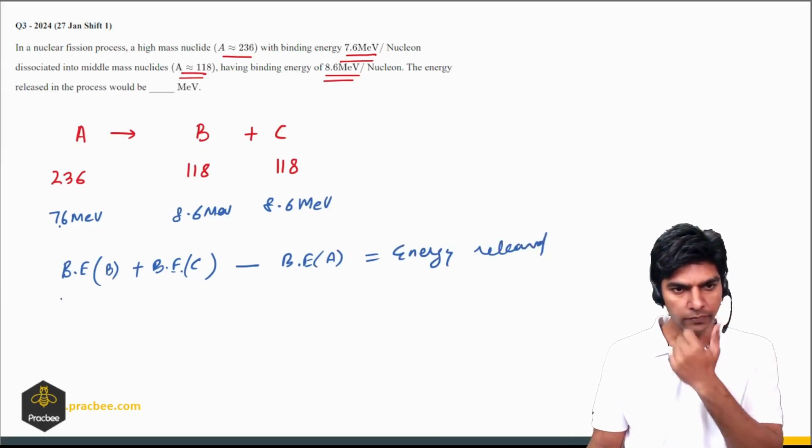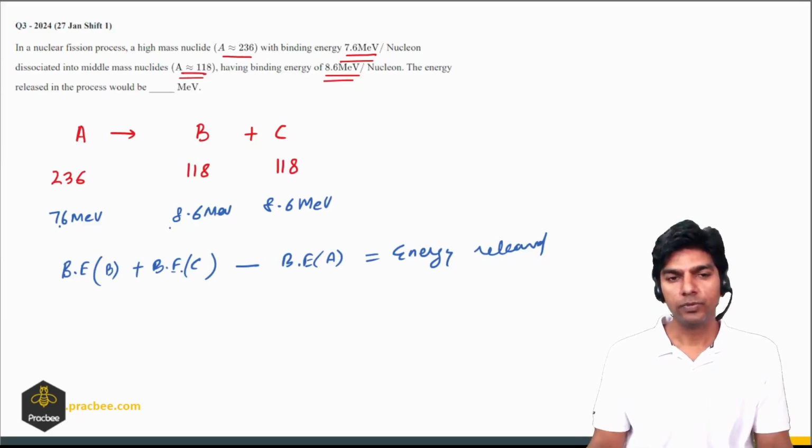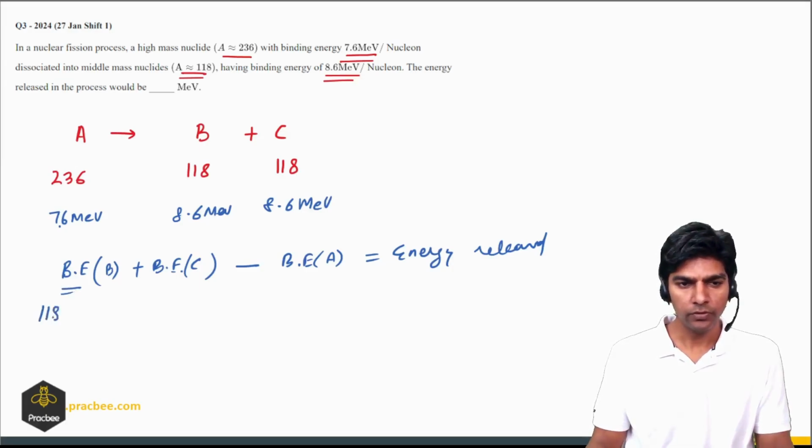Okay, so let us put the values. So we have given binding energy per nucleon. So binding energy for B will be number of nucleons, that is the mass number, times the binding energy per nucleon, which is 8.6.